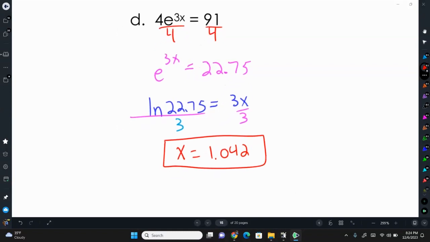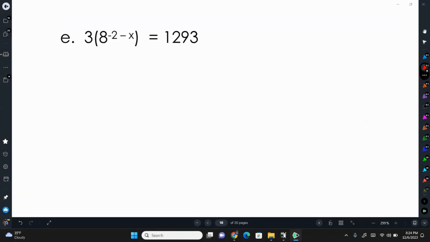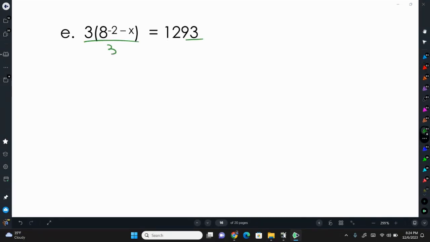All right, now let's look at the next page here. We have 3 times 8 raised to the negative 2 minus x power equals 1,293. So let's divide both sides by 3. So then it's 8 to the negative 2 minus x equals 431.